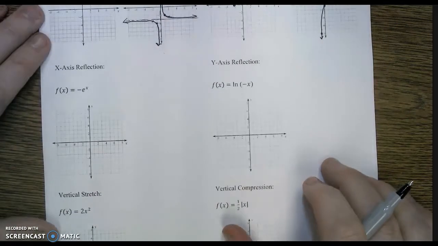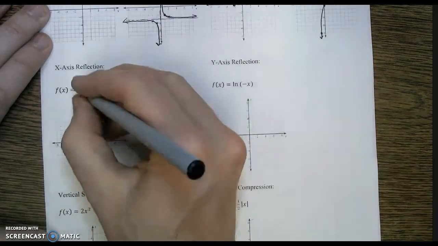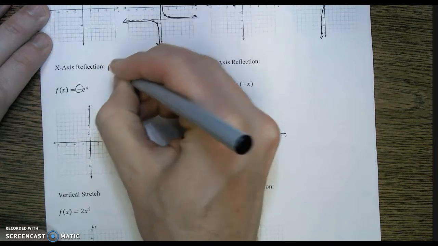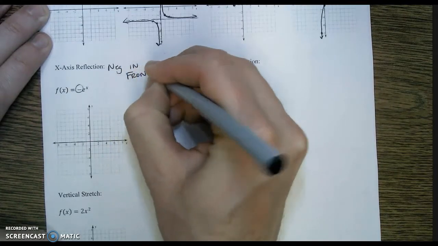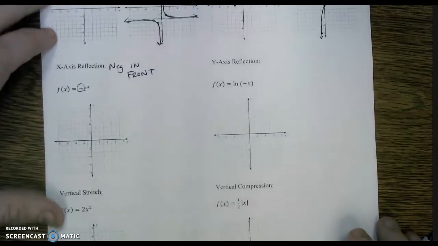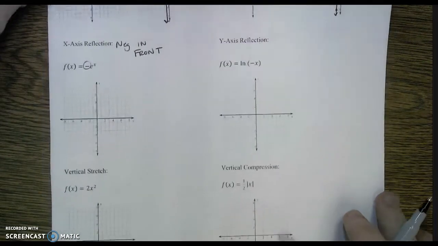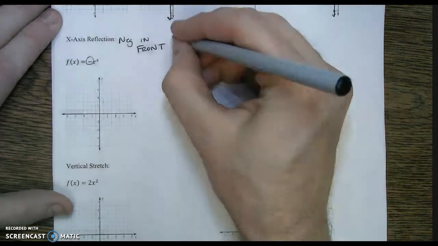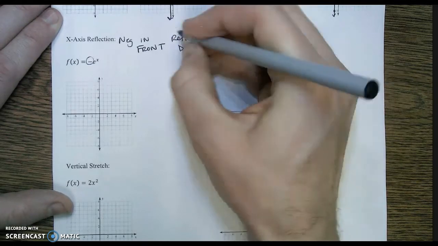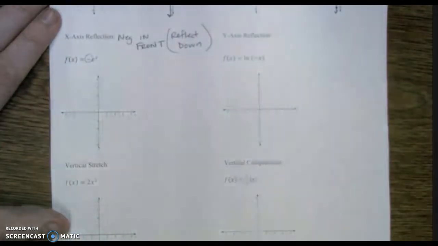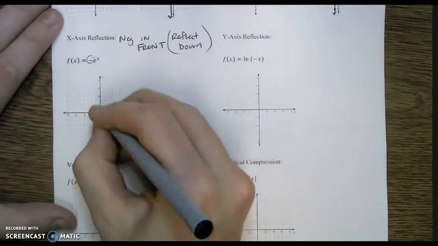X-axis reflection. That is if you've got a negative in front. Negative in front of the function on the outside. That is going to reflect it over the x-axis, which means it's going to reflect up and down. So remember our E graph was at 1.